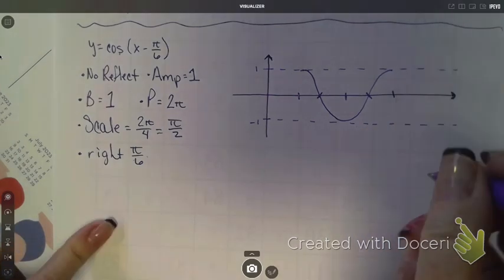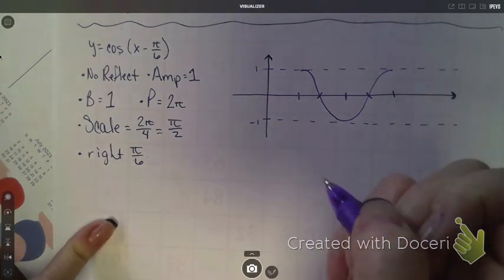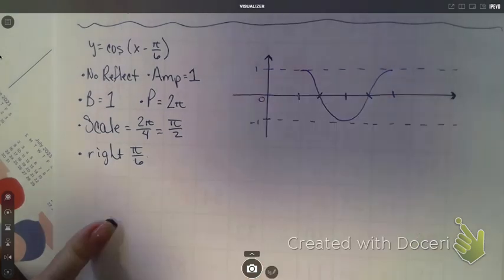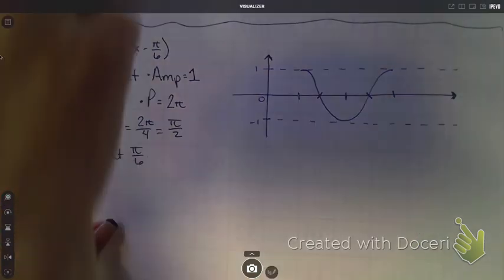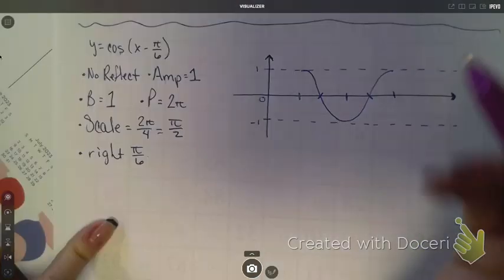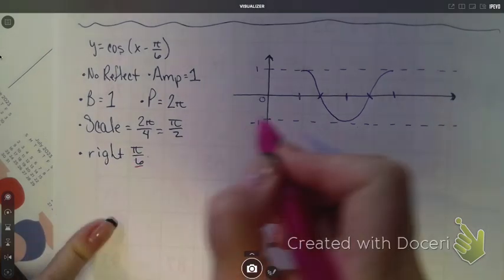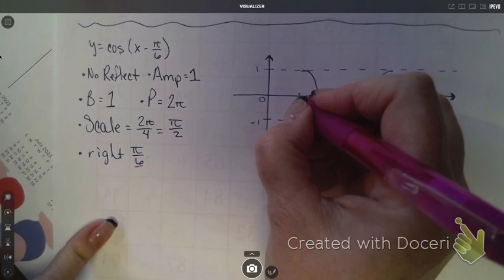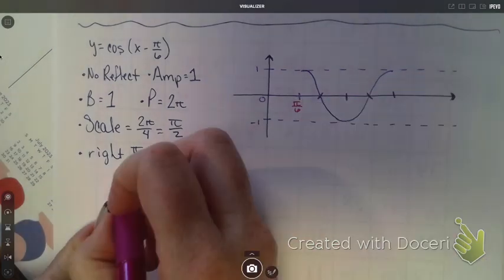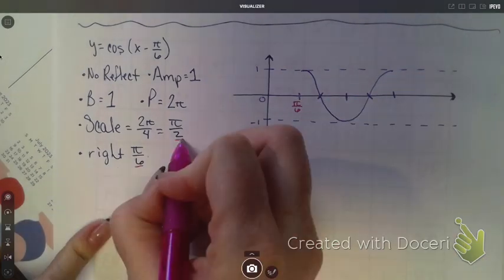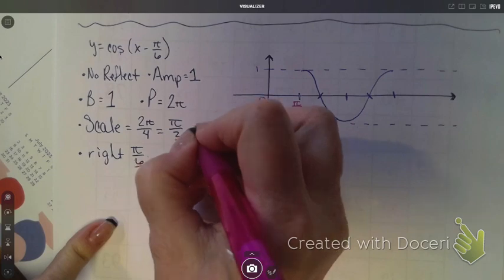What did I forget on my y-axis? 0. Okay, so I moved right pi over 6. So I start at what? Pi over 6. But I'm adding what? Pi over 2. Which would be 3 pi over 6.